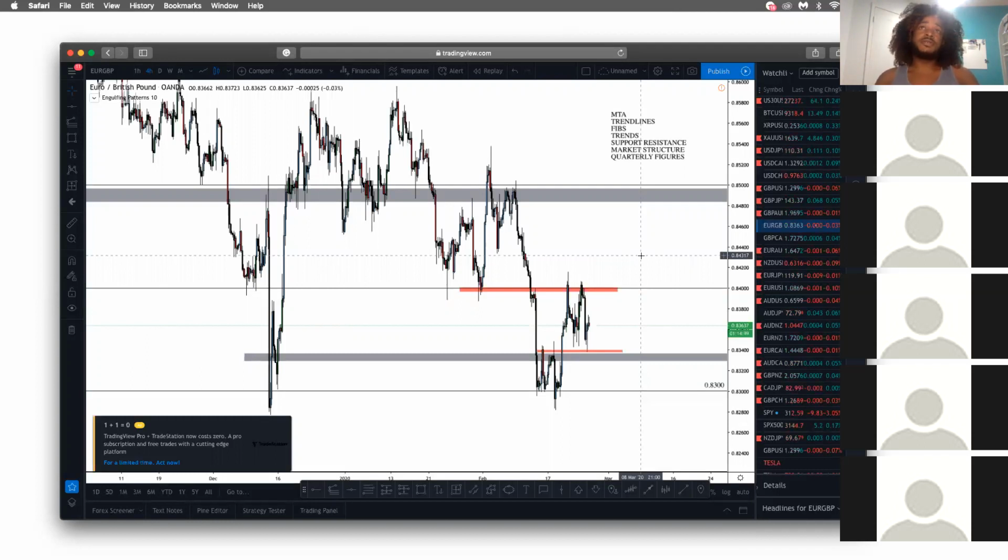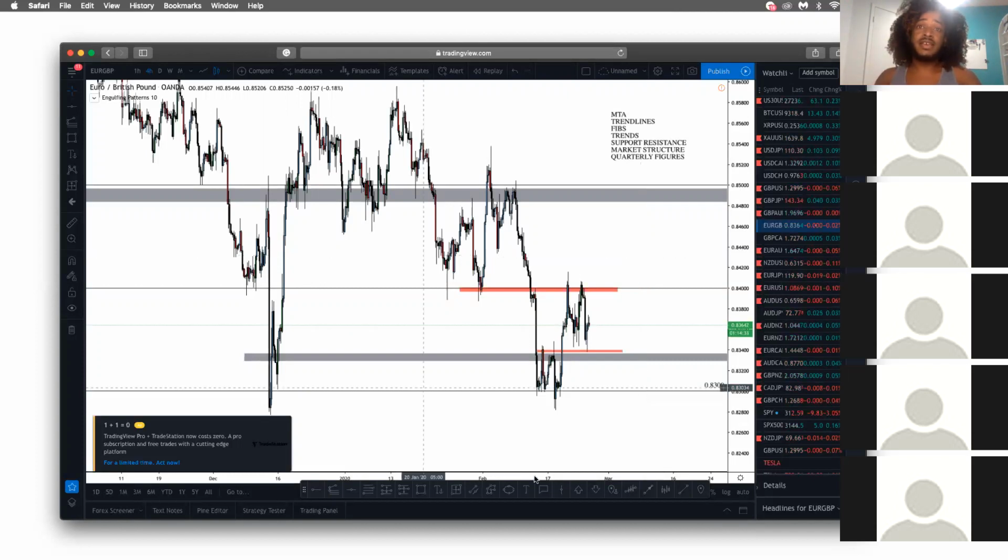And EURGBP, we could see here, EURGBP likes quarterly levels, right? So EURGBP likes to move in 100 pip ranges, basically from one 100 pip level to the next.